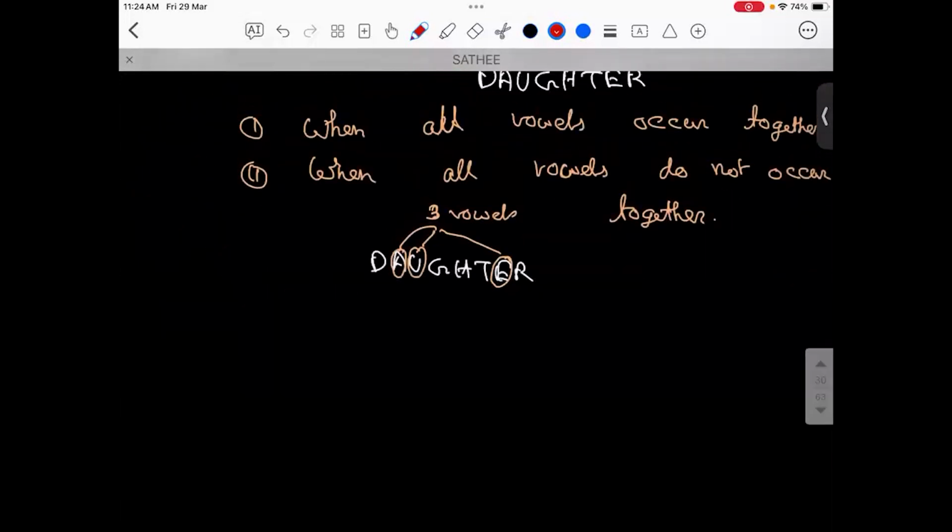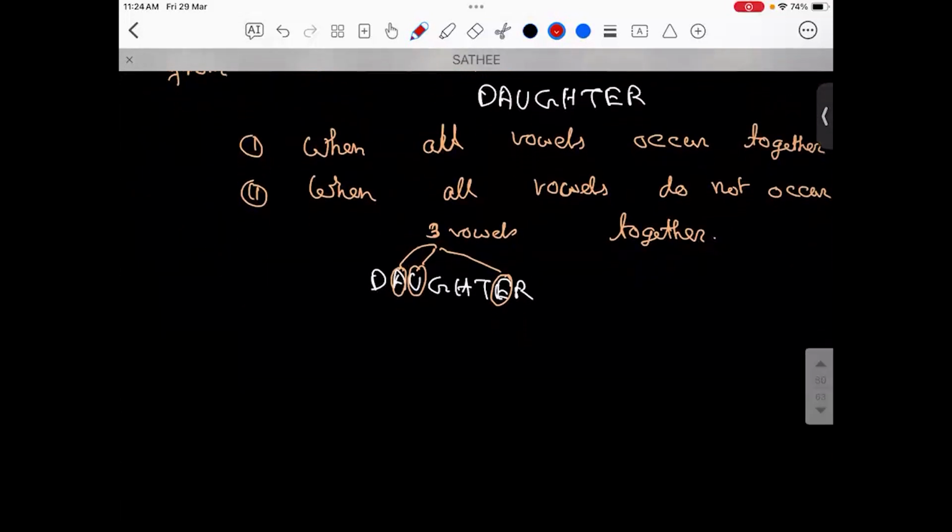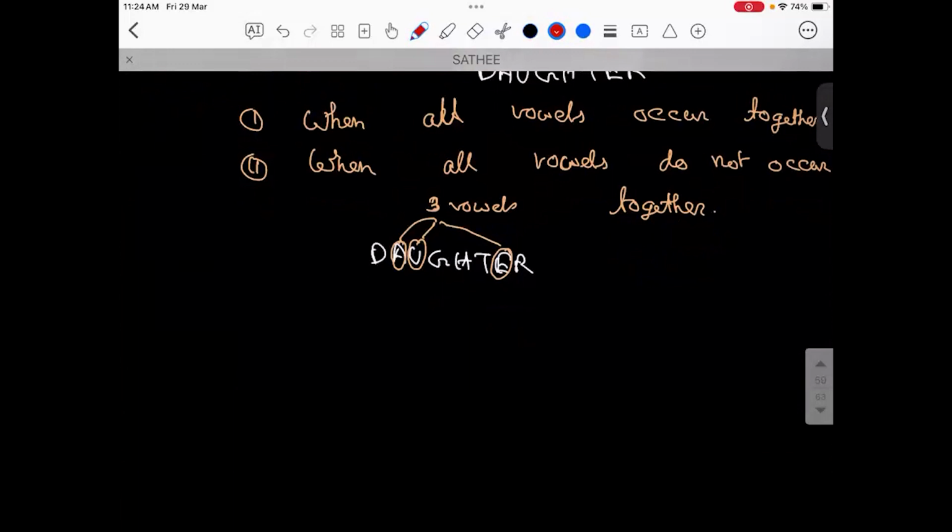Okay. So we have only 3 vowels, and these vowels will appear together in the first case. So in the first case, we can think of these vowels as together. Like here, you can see that the vowels are not appearing together: A, U, and E. There is some gap between, and in that gap there are G, H, and D. This is not allowed in the first case.